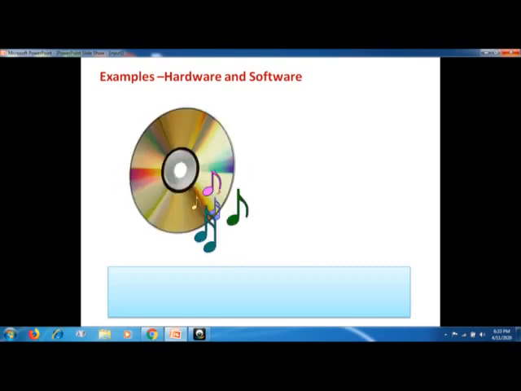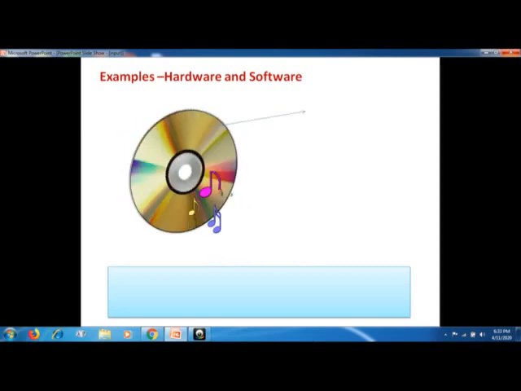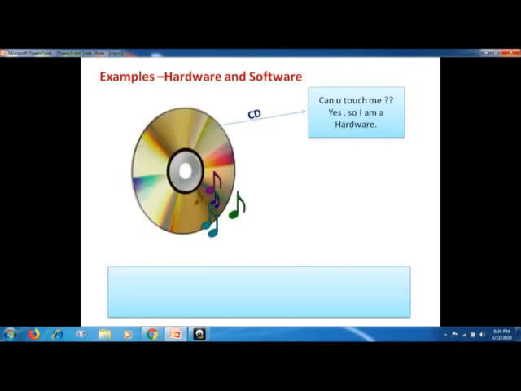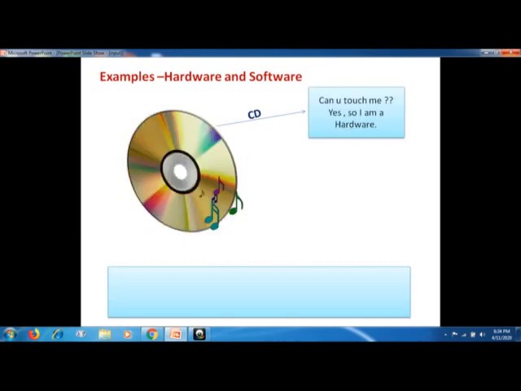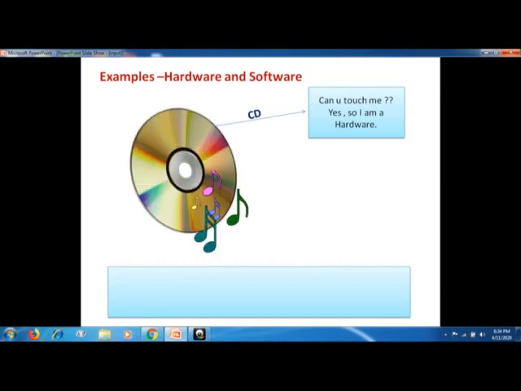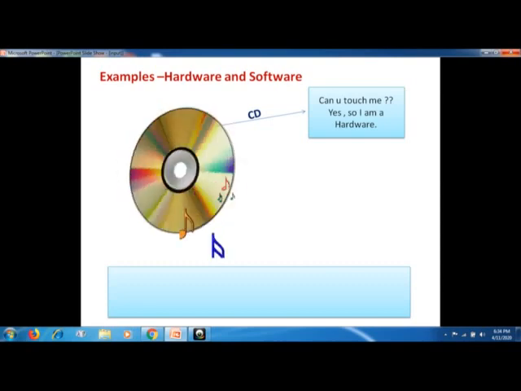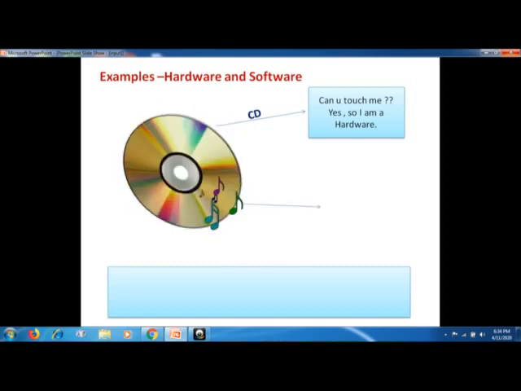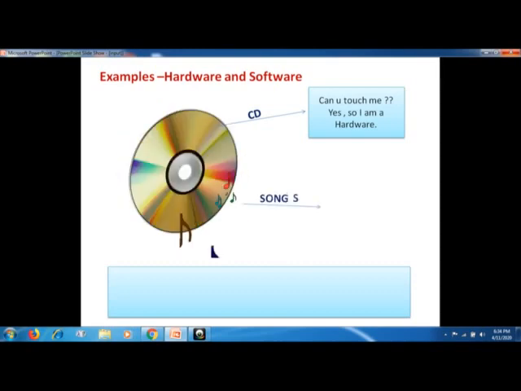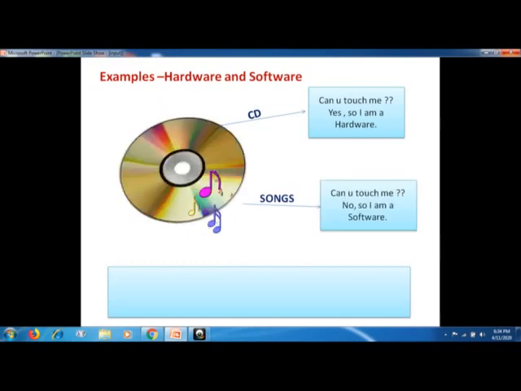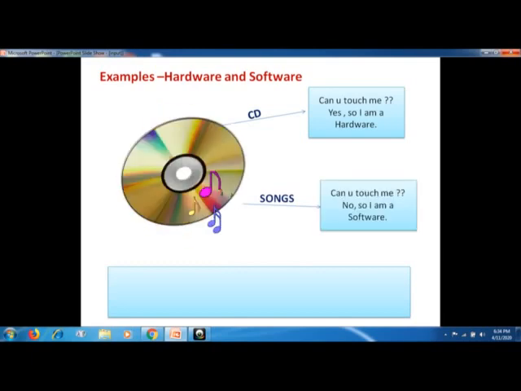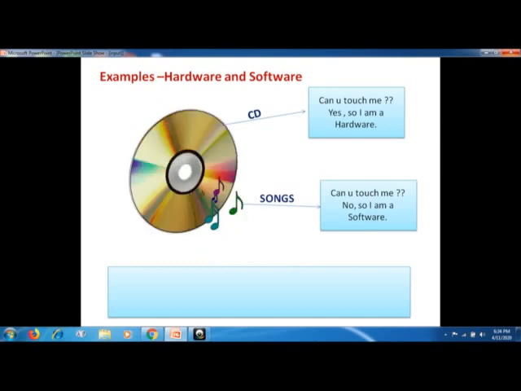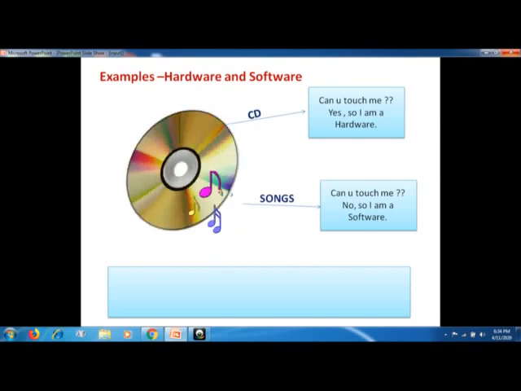Now what is the CD saying? The CD is asking, can you touch me? What will we say? Yes, definitely we can touch. So the CD says, I am hardware, because you can touch me, I am a physical part. And in the same way, the songs are asking, can you touch me? What will be your answer? Definitely no. So the songs say, I am software, because you can't touch me, right?